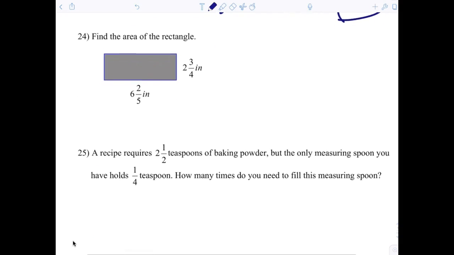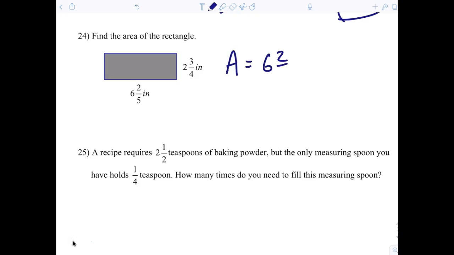All right, here we go. Uh-oh. Let me have Thomas. Tell me about 24. What's the formula for finding the area of a rectangle? Exactly right.